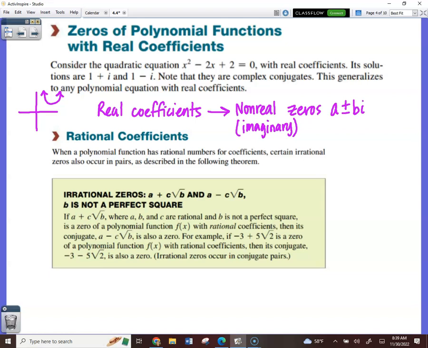Just like the imaginary conjugates are a plus or minus bi, the rational conjugates, irrational, a plus or minus, I think it's c, yeah, c square root b, which means radical. We've got radical zeros.